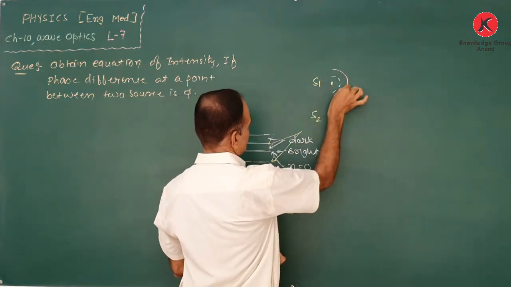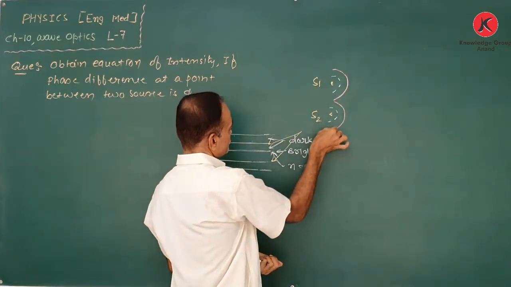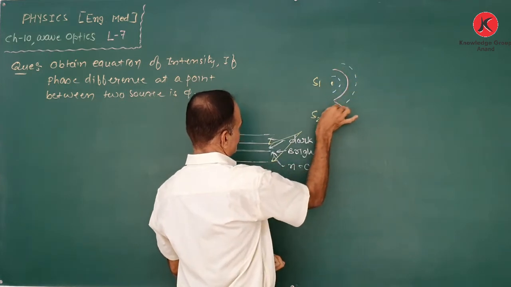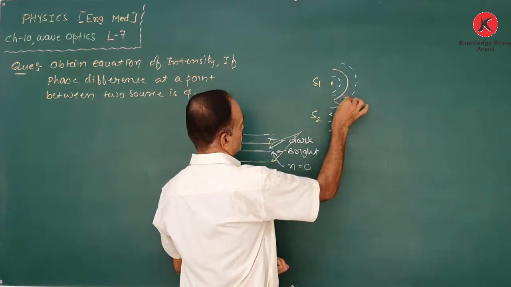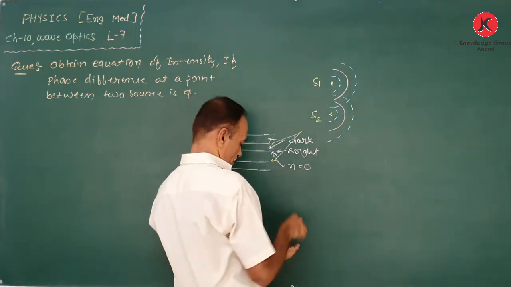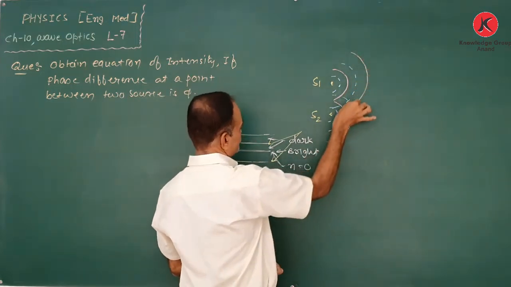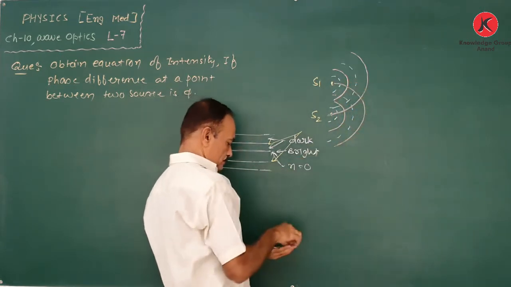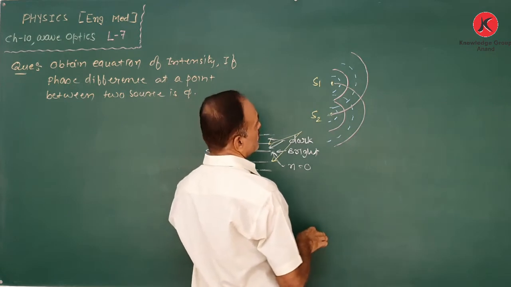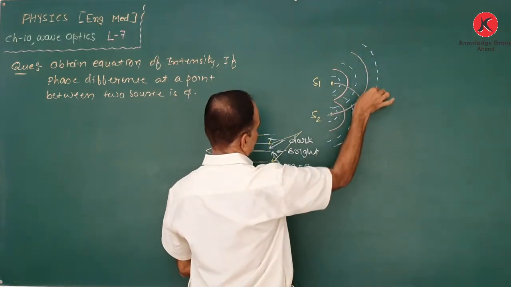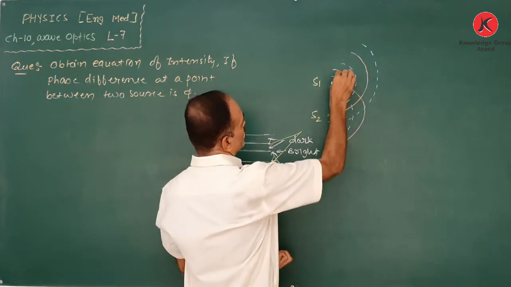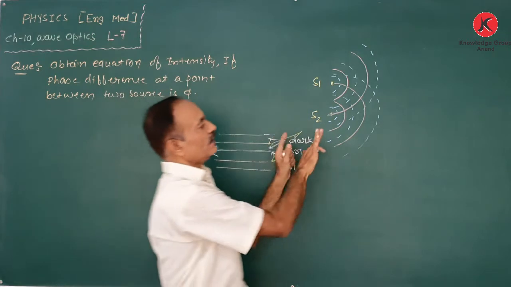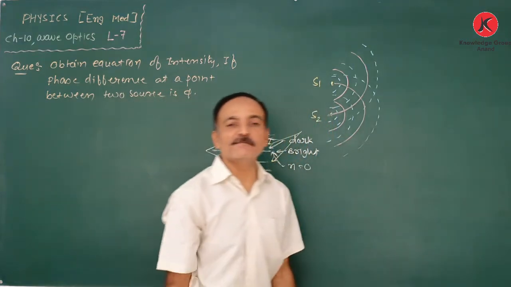So there is the crest, again the trough, again the crest, again the trough. With this type of wave pattern, these waves propagate in the medium.